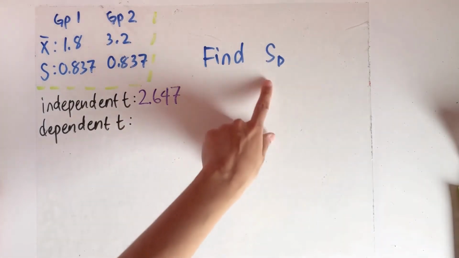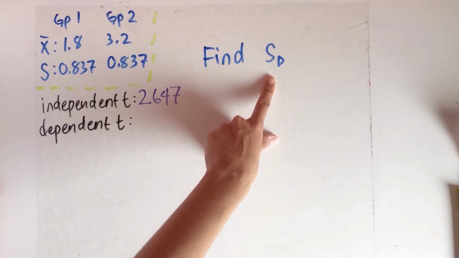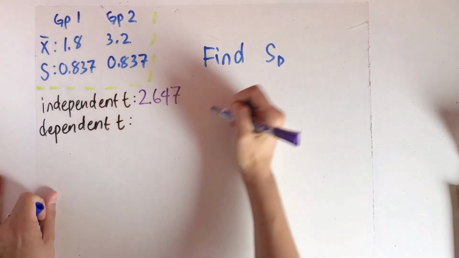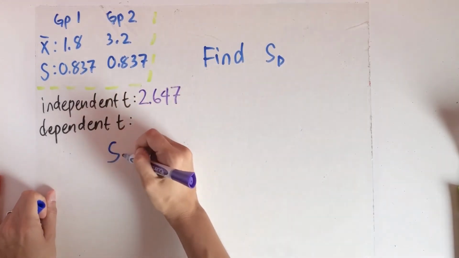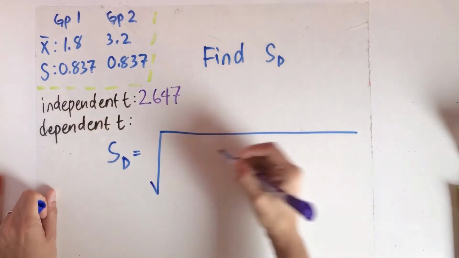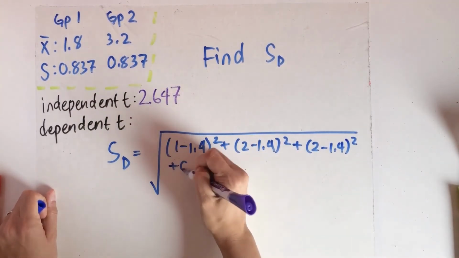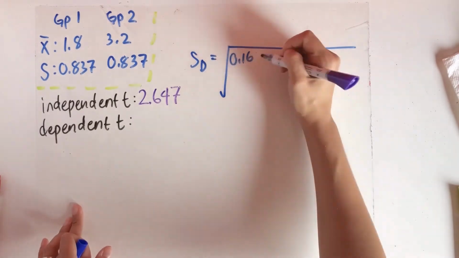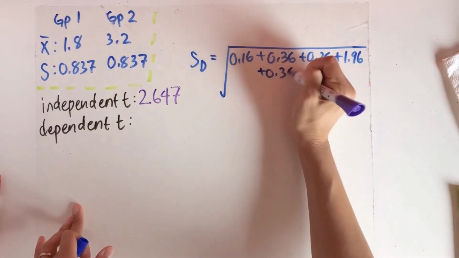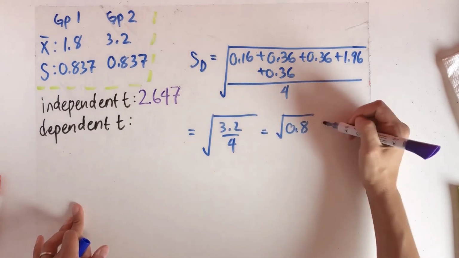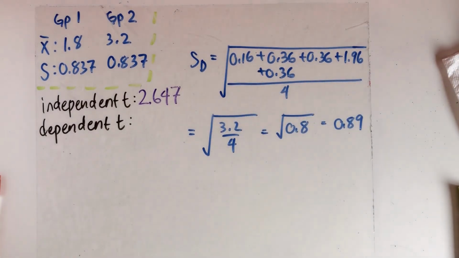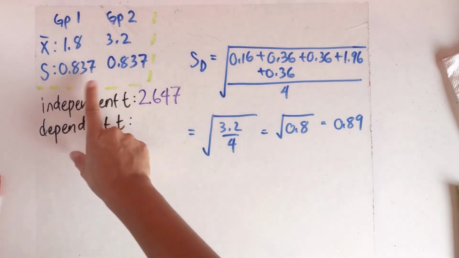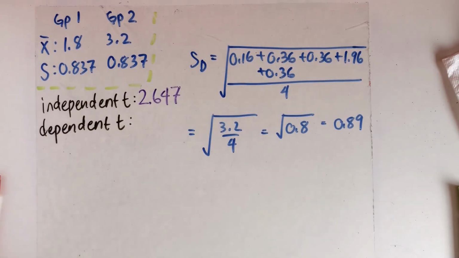Next, we're going to find the standard deviation of those different scores. I'm going to set it up for you. So we'll have SD is equal to... So as you can see, this standard deviation looks a little different from the standard deviations of the groups when they're viewed as independent.